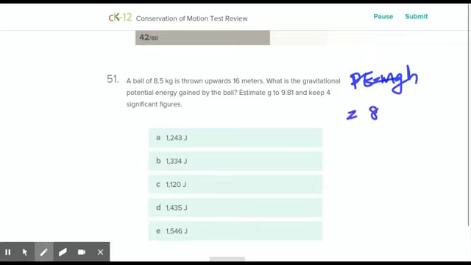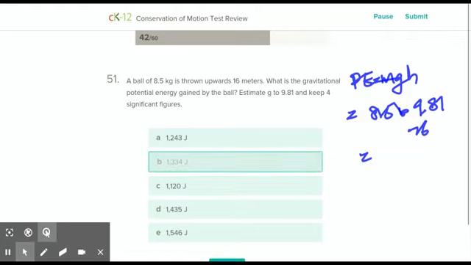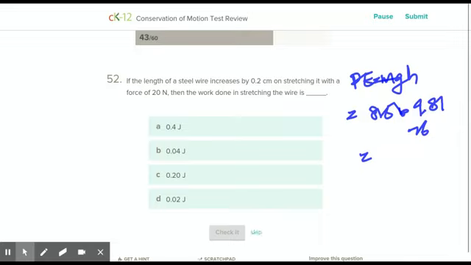M is 8.5, g is 9.81, and h is 16. Put them all together, 8.5 times 9.81 times 16 is 133.4. So your answer is B. Yeah, 133.4. All right, next.